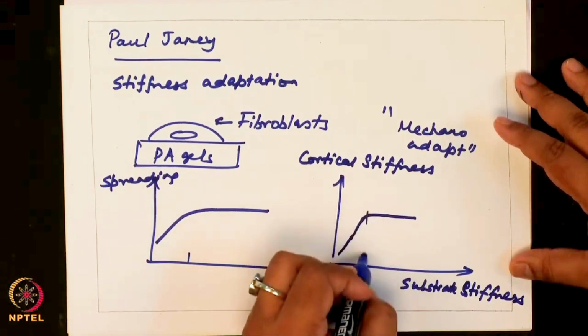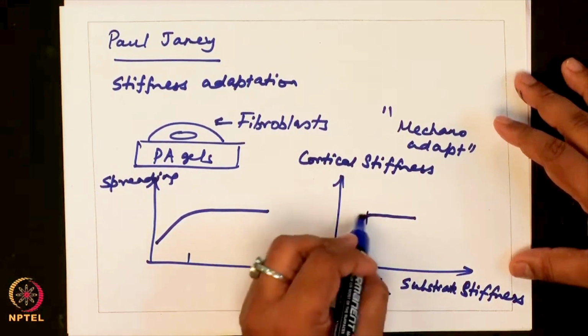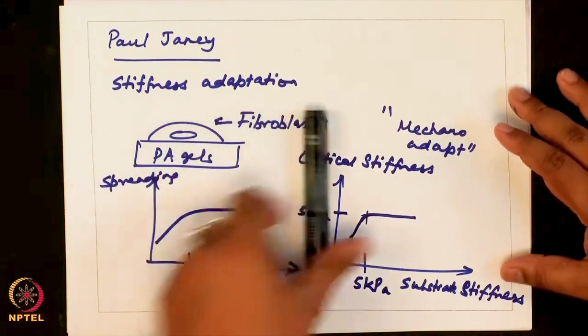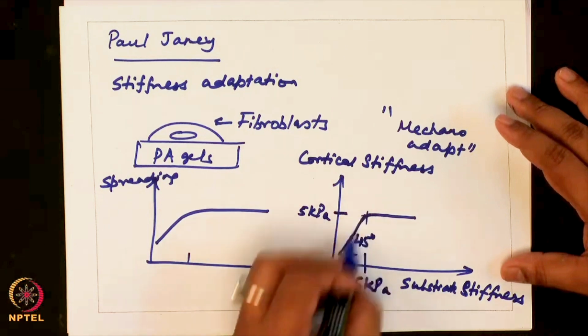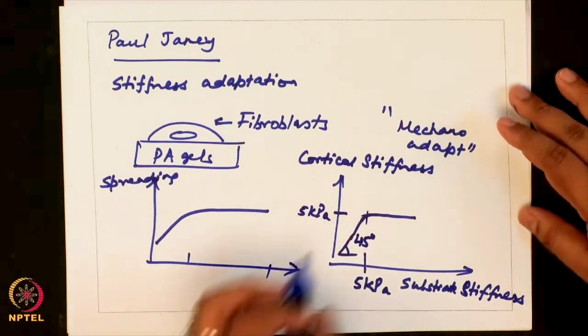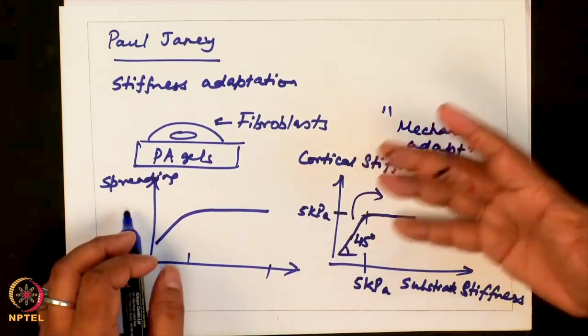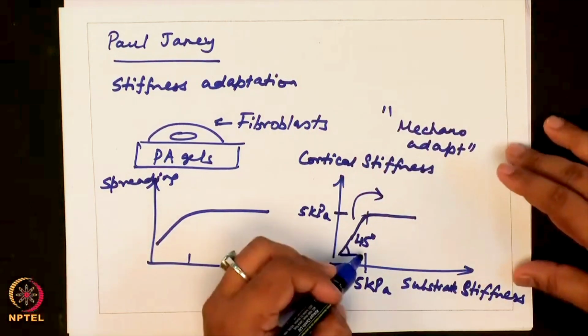The slope of this line was 45 degrees till 5 kPa, which means that for substrates softer than 5 kPa, the cell actually matches its own properties to that of its substrate.